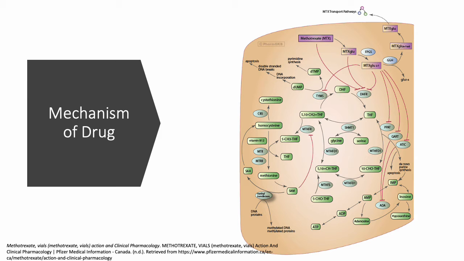As a result, actively proliferating tissues such as malignant cells, bone marrow, fetal cells, buccal and intestinal mucosa, and cells of the urinary bladder are in general more sensitive to the DHFR inhibition effects of methotrexate.